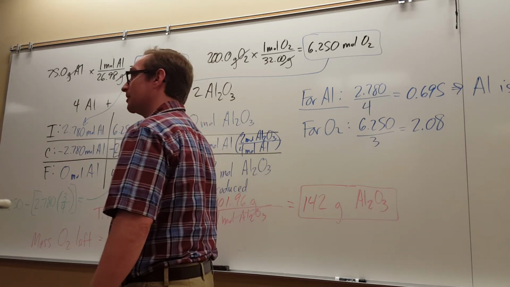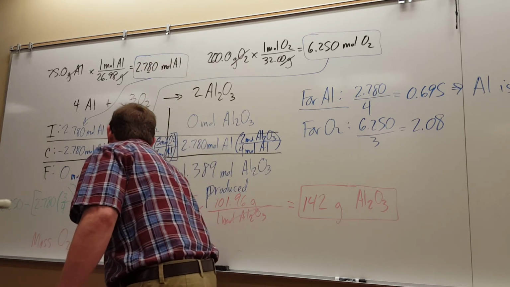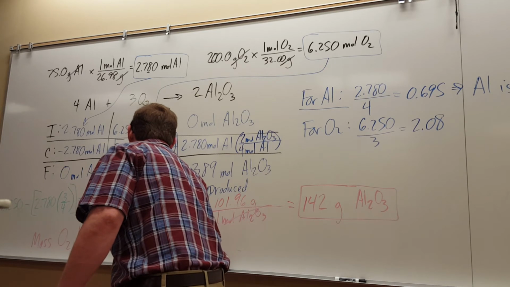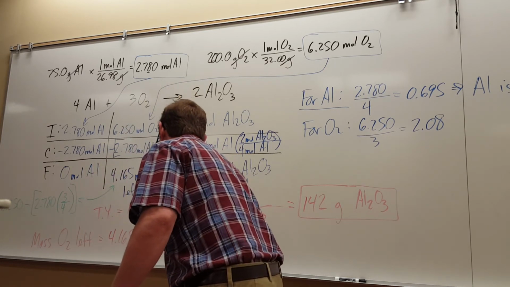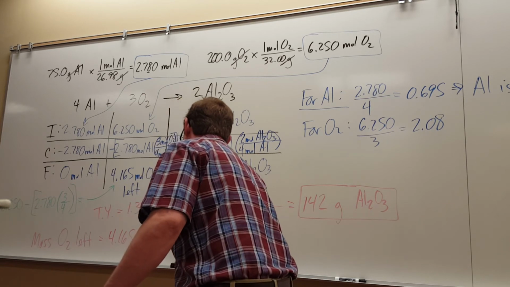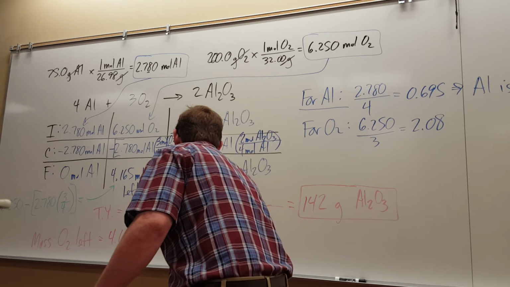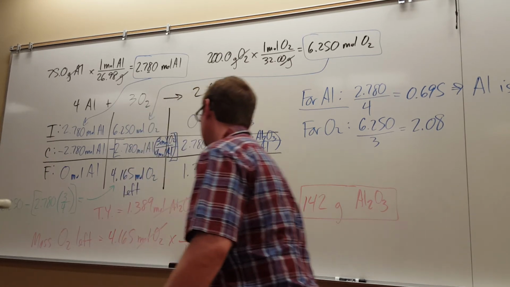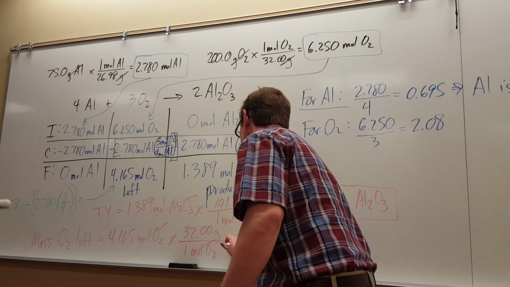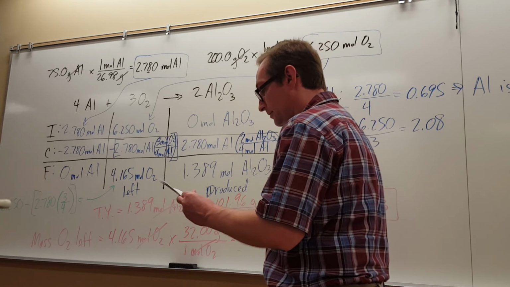But if you just take the final moles from the table here, 4.165 moles of O2 times the molar mass of O2, which is 32 grams per mole. All right, and that would come out to be 133.